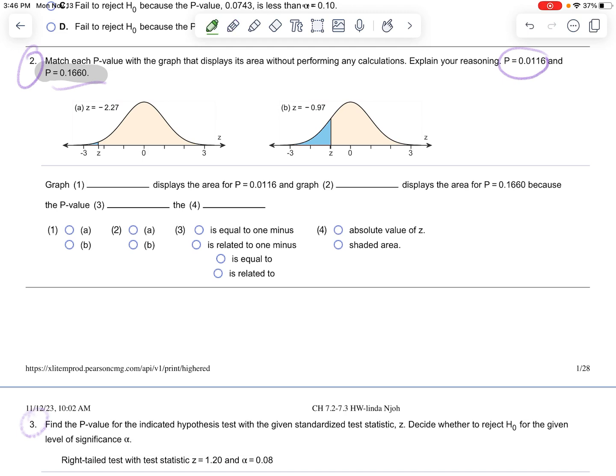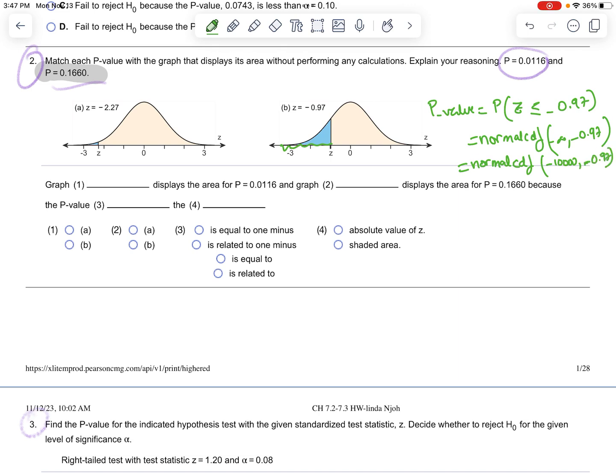If z is negative 0.97, the p-value is going to be the probability that z is less than or equal to negative 0.97. This area right here. It's the same as normal CDF, negative infinity or a negative big number, comma negative 0.97. Or you're going to put normal CDF, negative 10,000, negative 0.97.